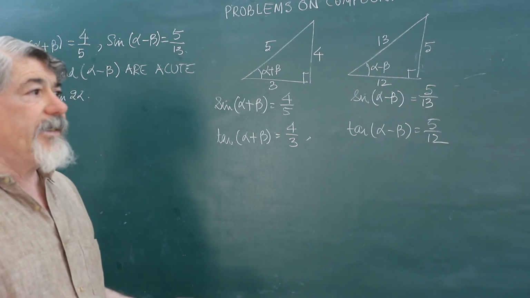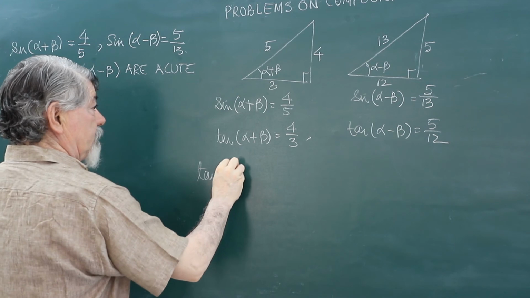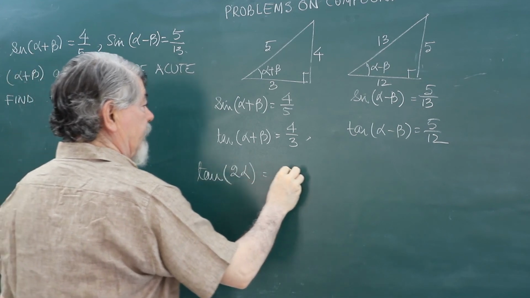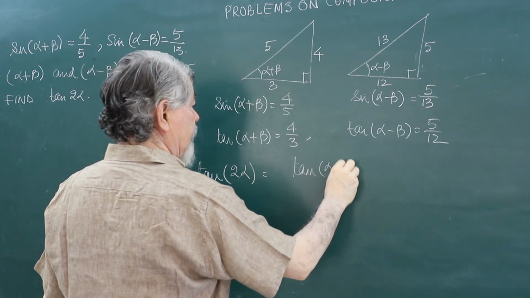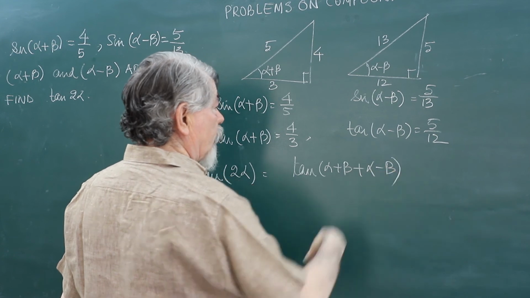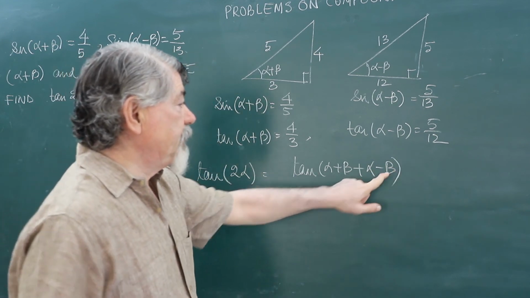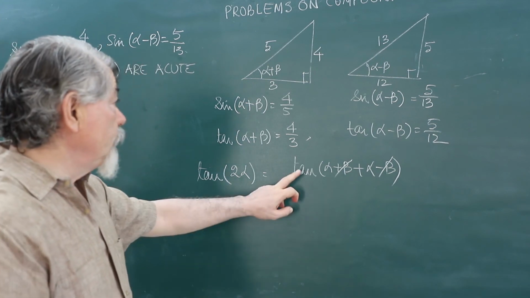We have to calculate tan 2 alpha. 2 alpha will be alpha plus beta plus alpha minus beta. In this, beta will cancel and you will get 2 alpha.